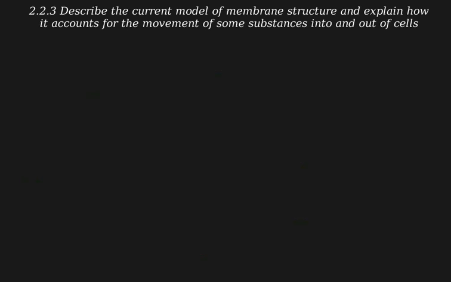Anytime we look at a model, we need to explore the evidence that's used to support that model. So in this section, we're going to have a look at the evidence for the fluid mosaic model.